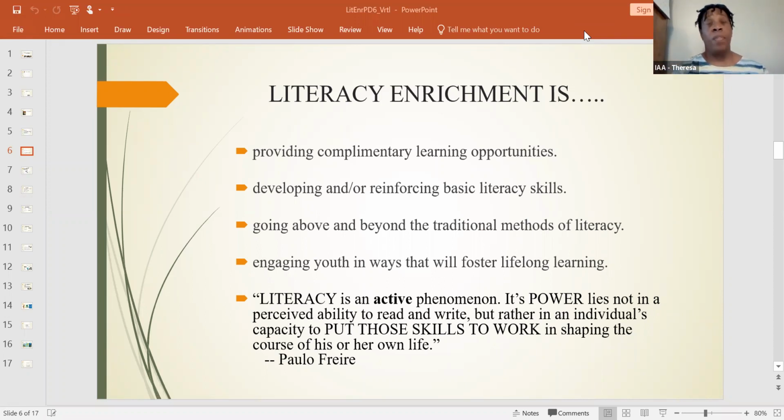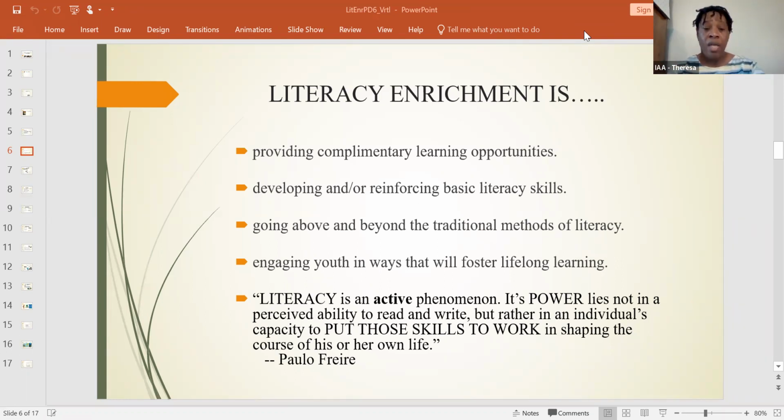Lifelong learning. When they graduate from your program, because they age out, as I would say, of your program, they're still learning. They're still taking those skills, that knowledge, and applying it again to their outside world.